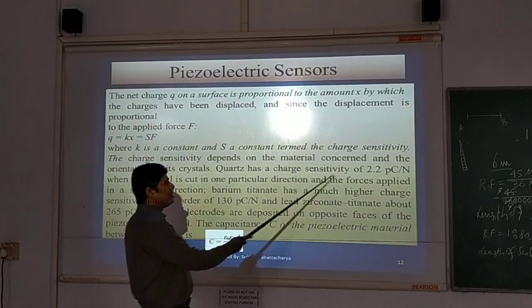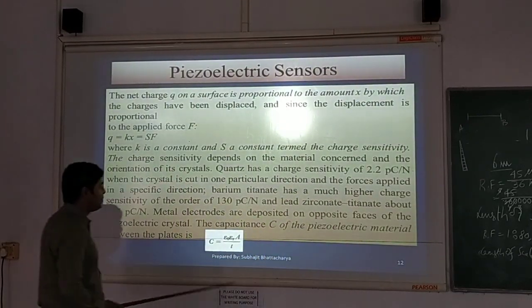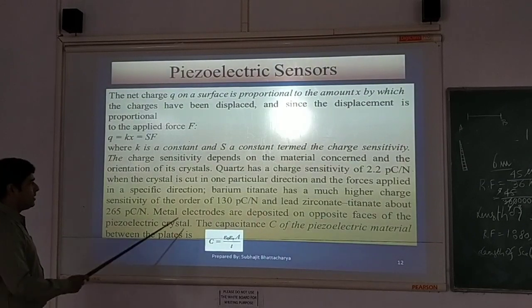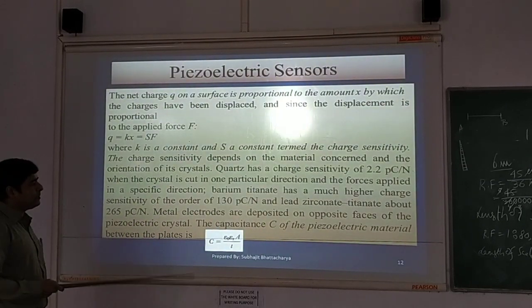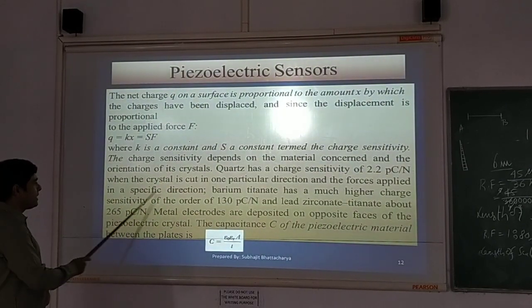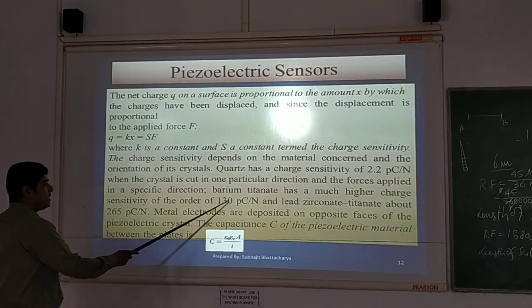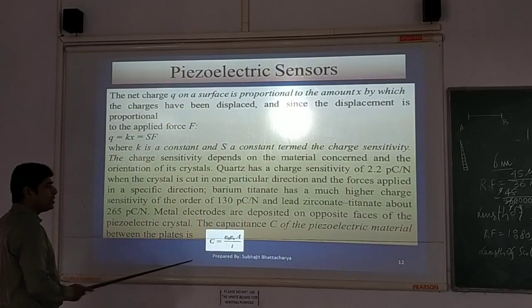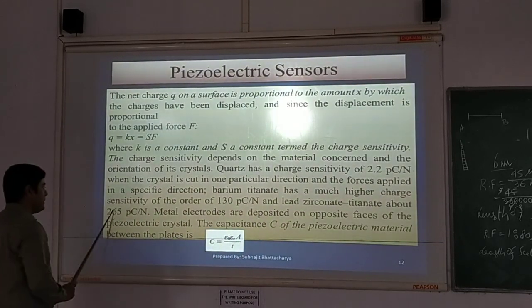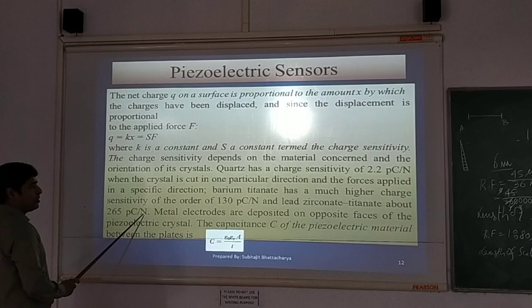Quartz has a charge sensitivity of 2.2 picocoulomb per newton, and there are some synthetic materials like barium titanate, which has 130 picocoulomb per newton, and lead zirconate titanate, having 265 picocoulomb per newton.